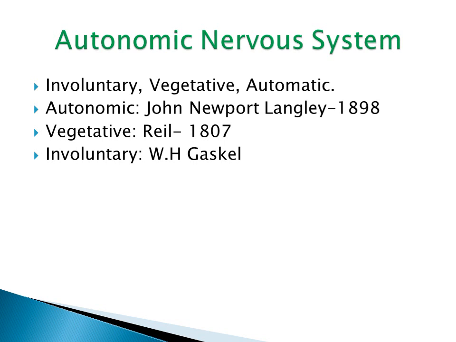Whatever actions are not under our control are regulated by one particular system. For instance, increasing the heart rate or slowing down the digestive process are actions which are not under our control.